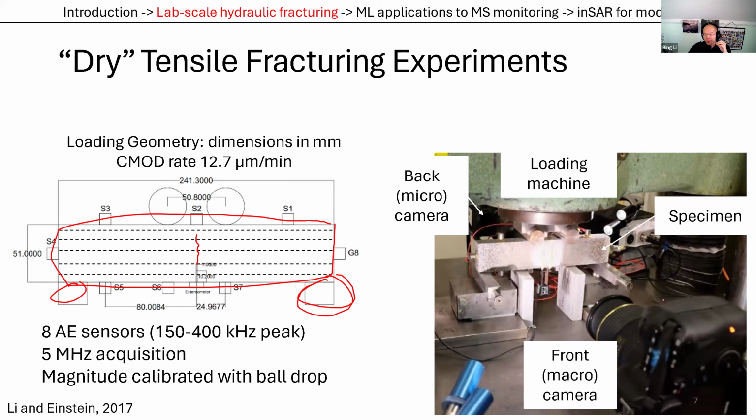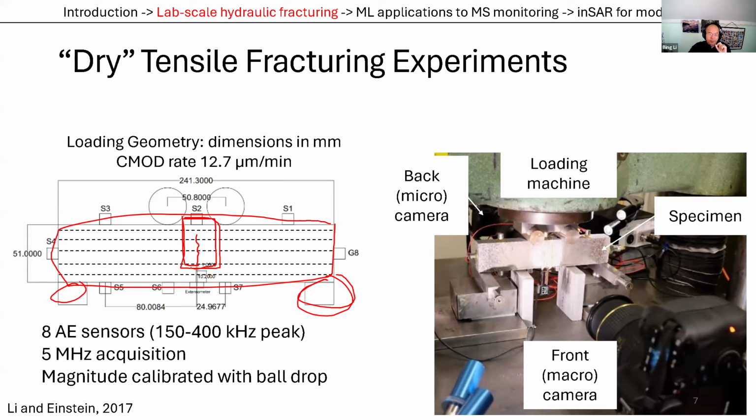So in this case, what we have are two cameras that are imaging the specimen, in addition to, of course, the acoustic emissions or nanoseismicity, what have you. The first one is a very general scale camera that's looking at the whole specimen, or at least the whole length of the crack, where we get a general idea of where it's going and how far it's gone at a given time.